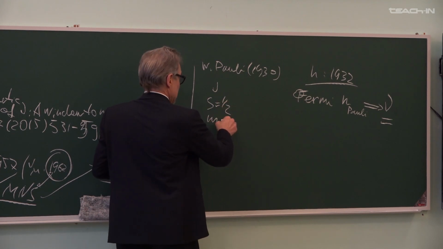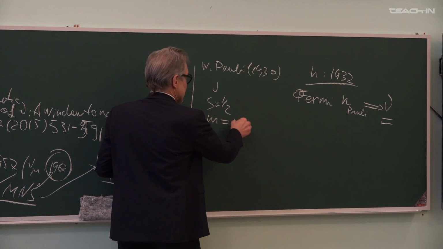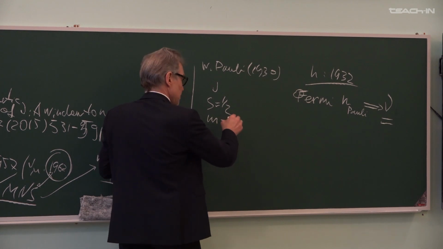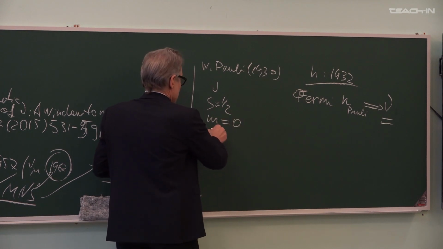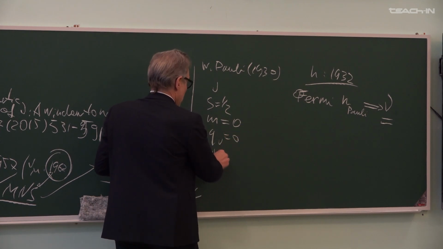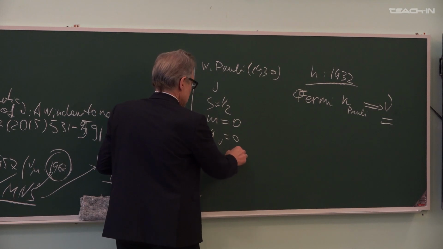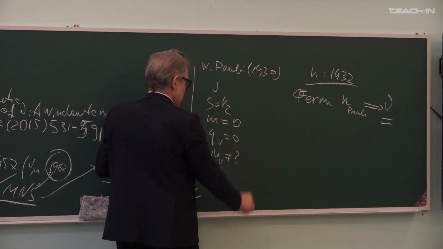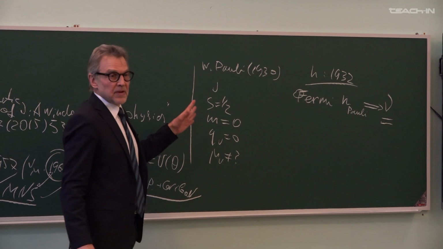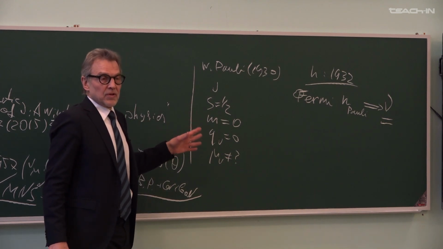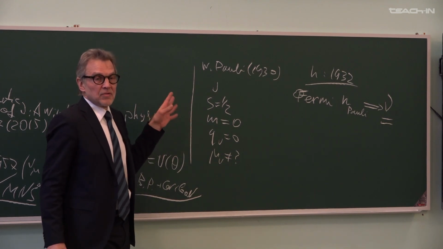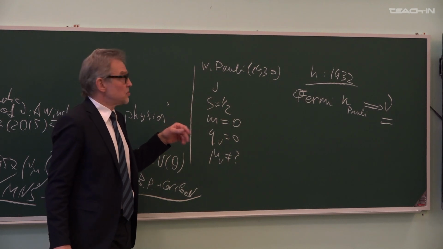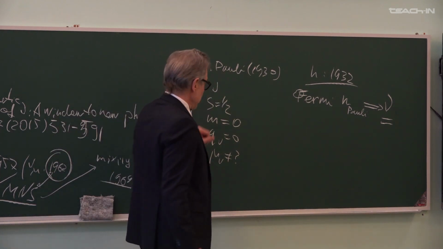The mass is 0, most probable, and the charge of neutrino is 0. And probably the magnetic moment is not 0. That was the prediction of what Pauli just thought about this particle he introduced in 1930.